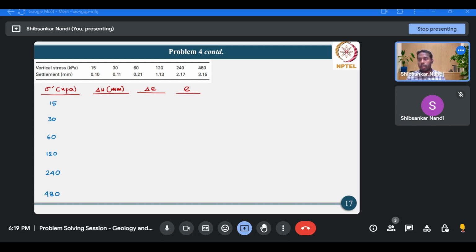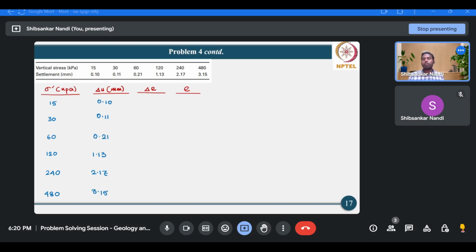Now, what are the accumulated settlements observed for this loading increment? First 0.10, then 0.11, then 0.21, then 1.13, then 2.17, then 3.15.